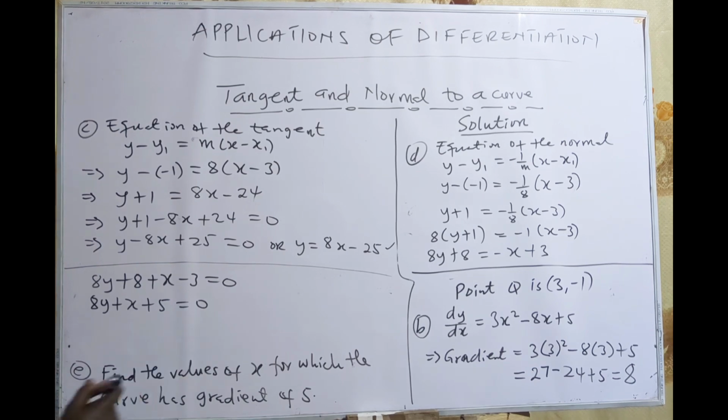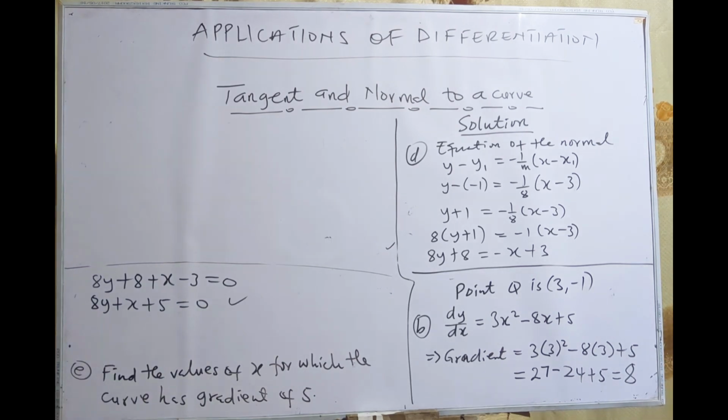Equal to 0. Alright, so we can have 8y plus x plus 5 equal to 0. So if you want to take all to one side too, you can say 8y equal to minus x minus 5, or you can also make y the subject. So this can be our equation.